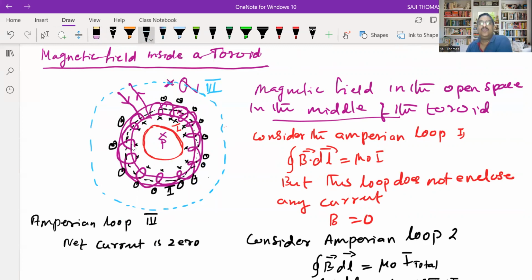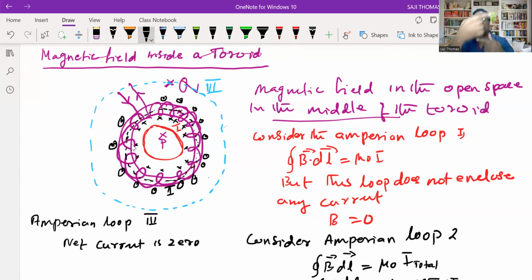Why is net current 0? This bigger Amperian loop encloses currents coming out of the plane and currents moving into the plane of the toroid. Both are equal and opposite.